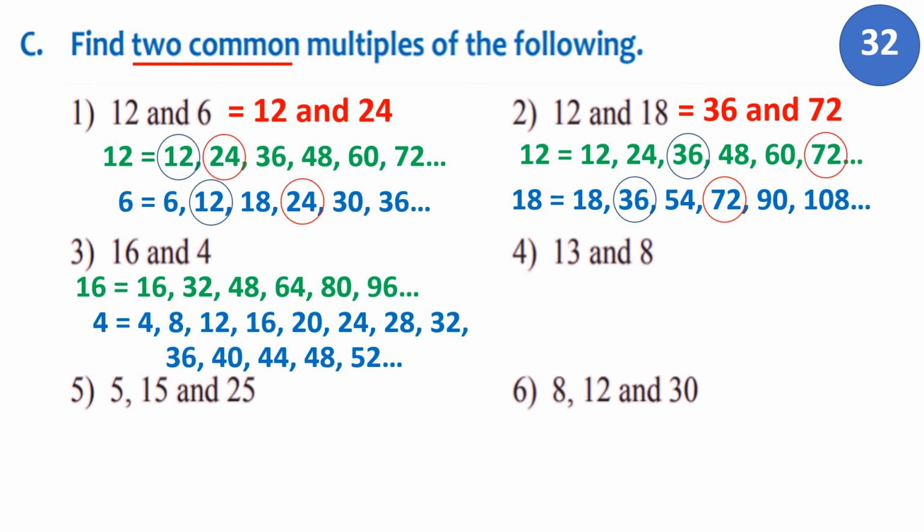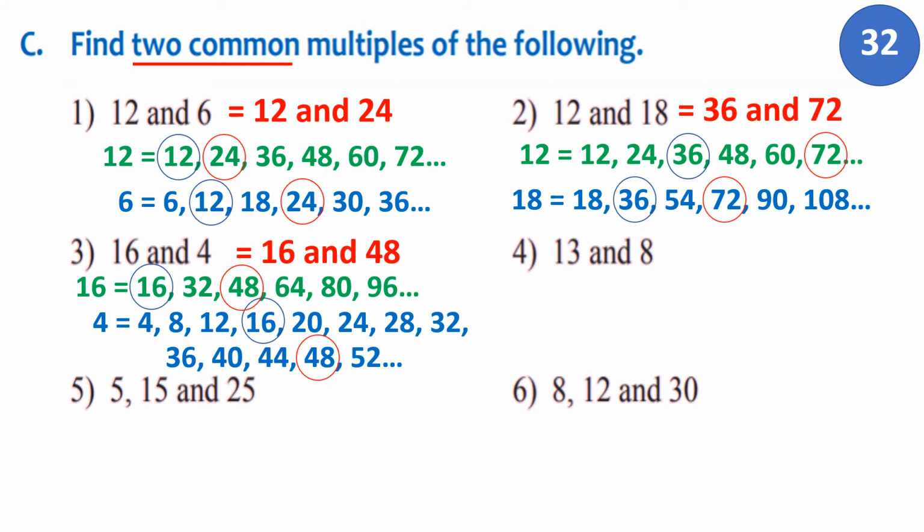But you can find only two common multiples. These are 16 and 48. Correct, students? These are your answer: 16 and 48 are the two common multiples of 16 and 4. Correct, students?